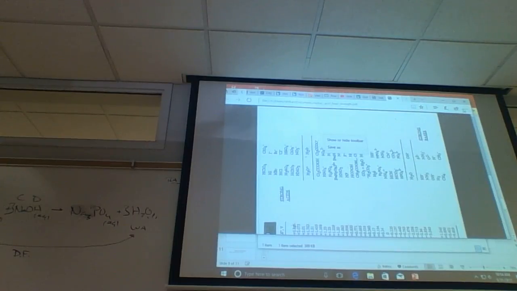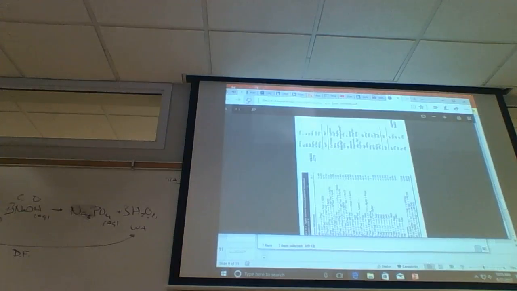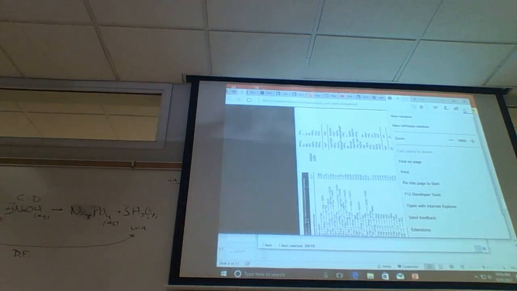Do you know how to rotate this? I think up on top, see that little curve button? No, not there. That button that you click will say original.